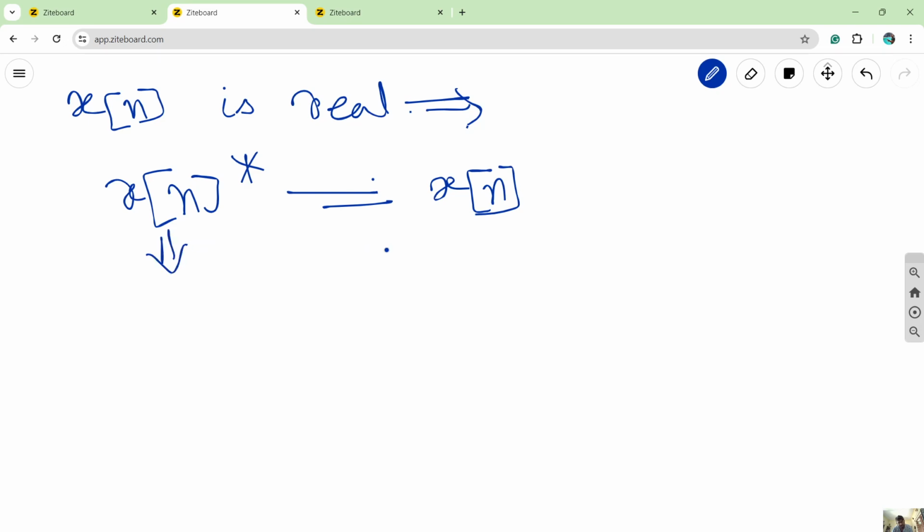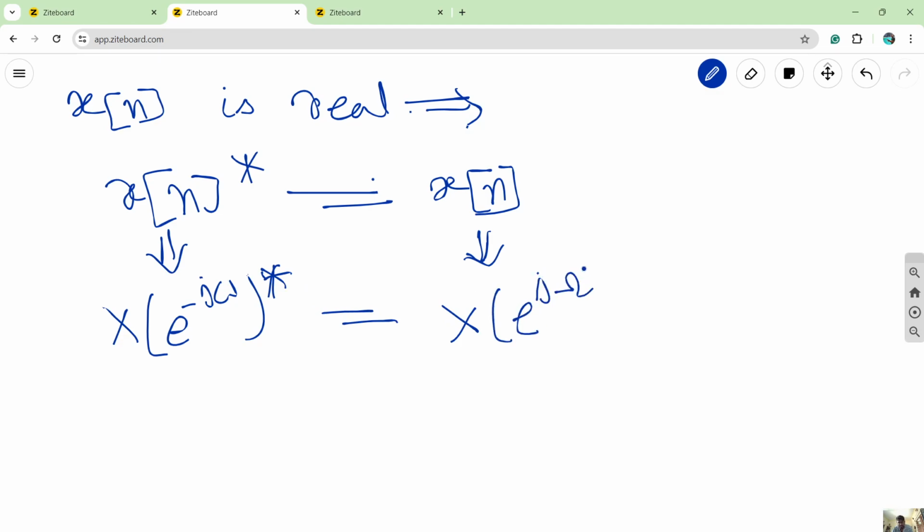So if we think about the DTFT counterpart of them, X of e to the power minus j omega star is equivalent to X of e to the power j omega.